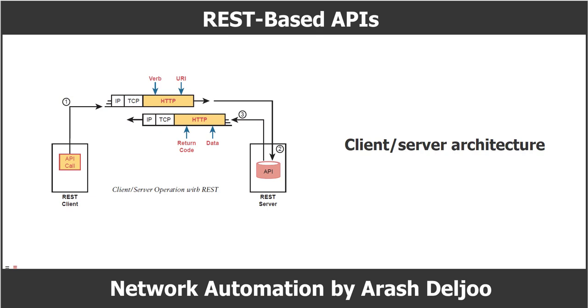Actually, we use HTTP for sending our request and receiving the reply. We will learn about the reasons why we use HTTP, but until now we know that HTTP is the selected protocol, the choice protocol, for sending our request to a REST server and receiving the reply with the data that we want.